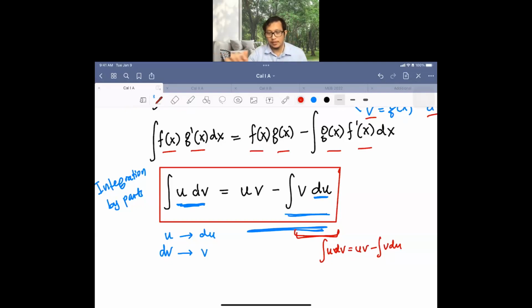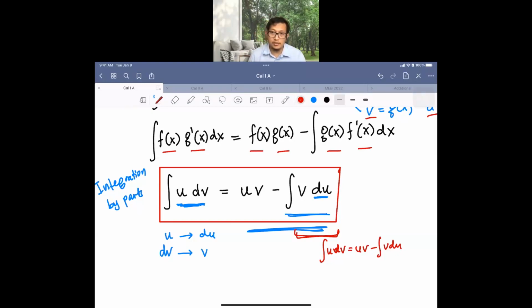And in most cases, there are two techniques that are widely used for most integrations. The first one is substitution, which you have in chapter 5. The second one is integration by parts. These two techniques are by far the most frequently used for solving integrals.